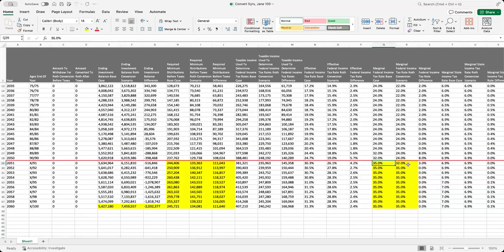Life expectancy in general with retirement planning has a big impact, but it can have an impact in several ways. And one is, does a Roth conversion make more sense if someone passes away earlier than the other spouse or partner?